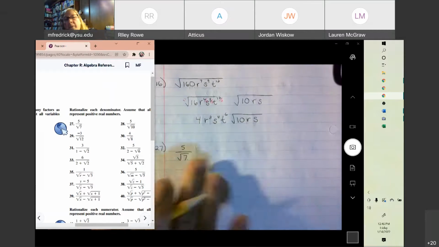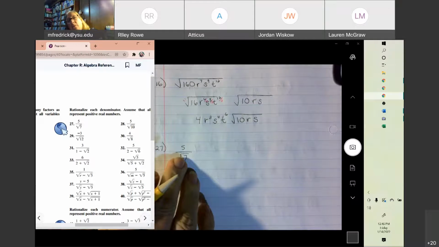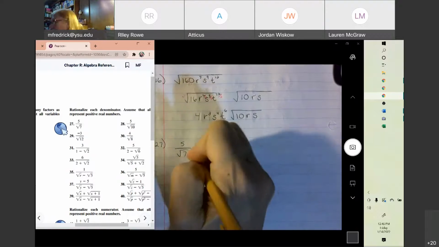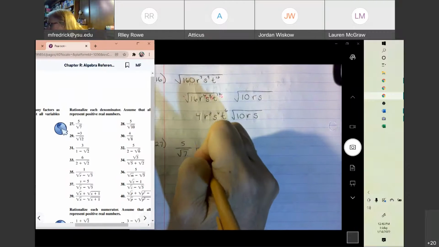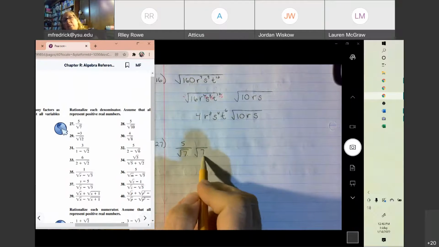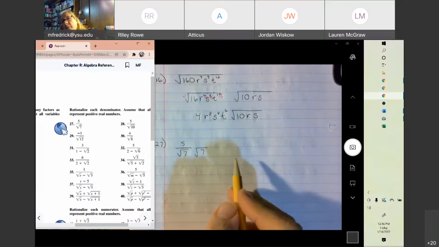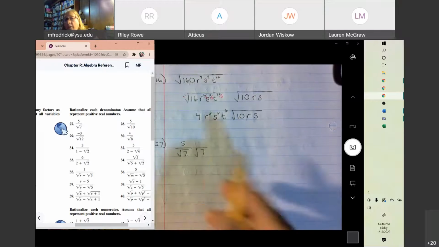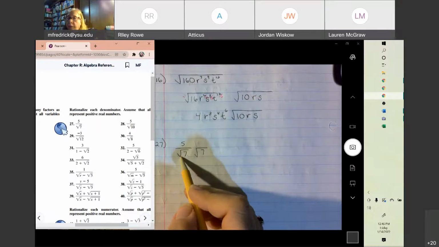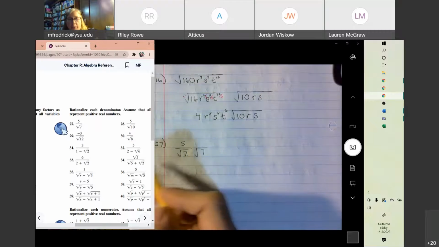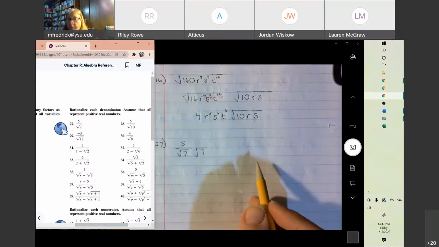Well, to get rid of a radical with a square root, if we multiply it times itself, the square root of 7 times the square root of 7 is the square root of 49, which is 7. When you multiply a square root times itself, it just eliminates the square root.